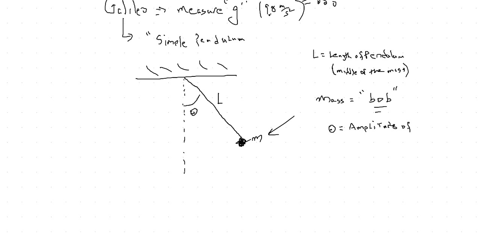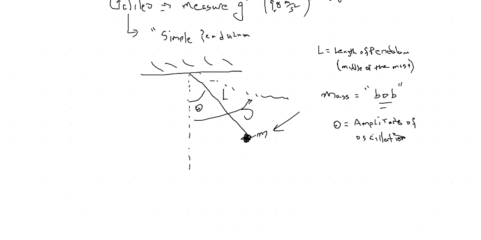The farther back we pull it, the bigger theta we get. So that's going to measure the amplitude of the oscillation.